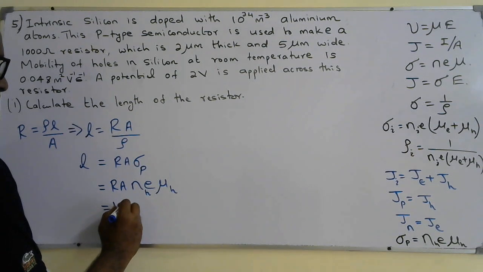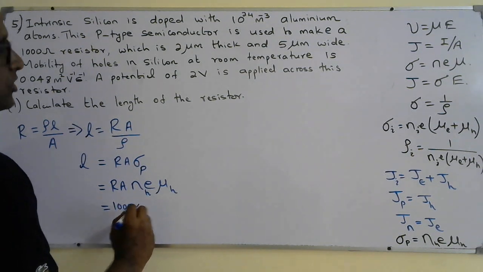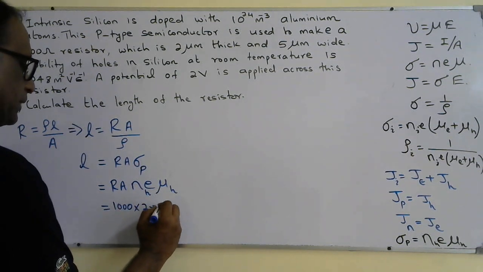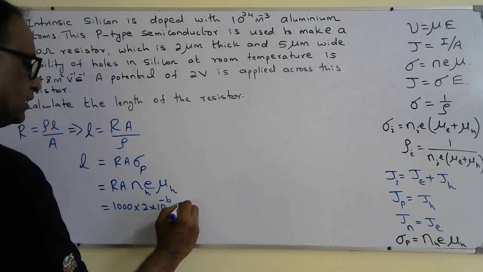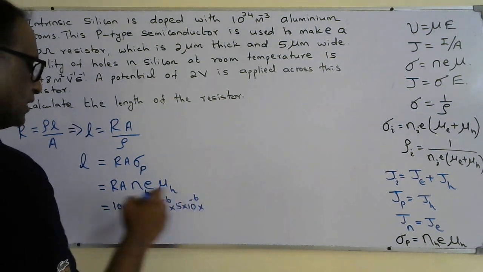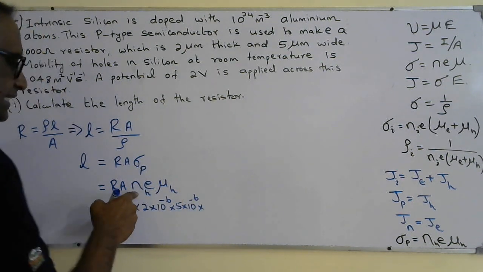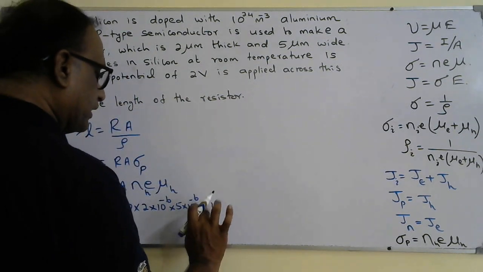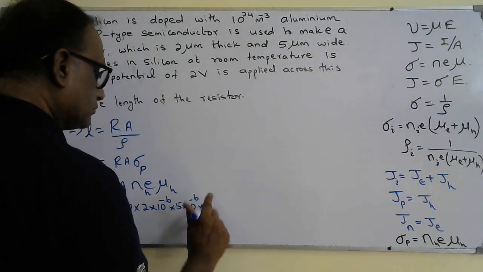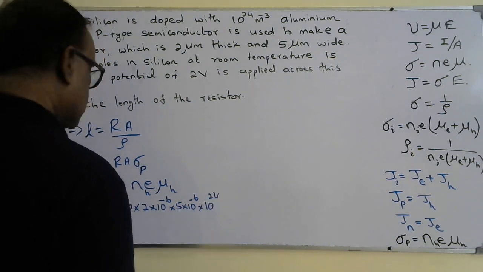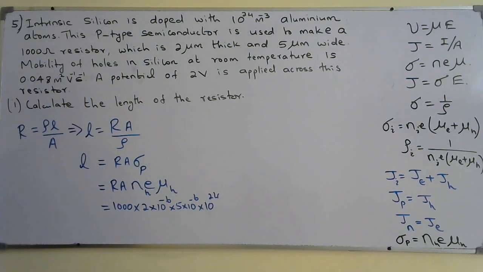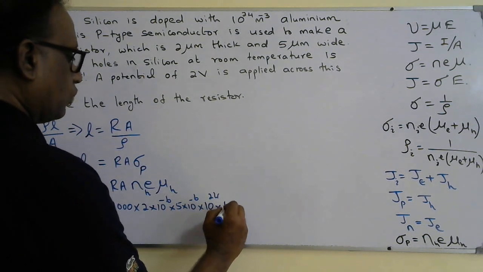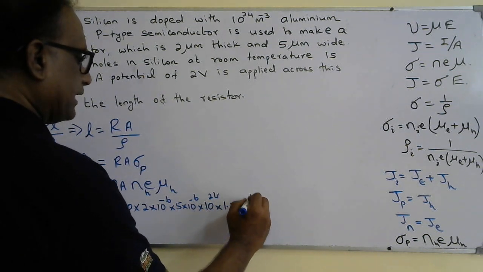R is 1000. A, the area of cross section, is 2 times 10 to the power minus 6 times 5 times 10 to the power minus 6. NH, the hole concentration, is 10 to the power 24. E, the charge of a hole, is 1.6 times 10 to the power minus 19.